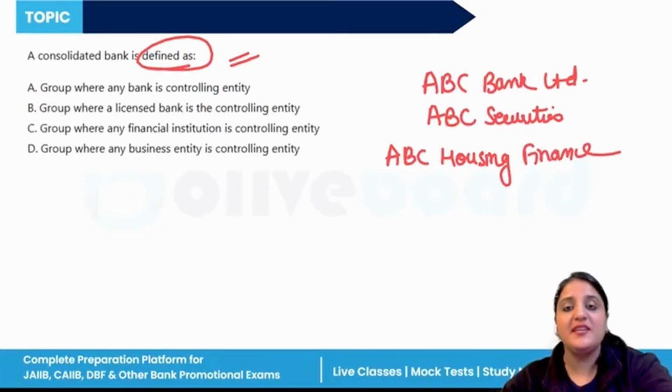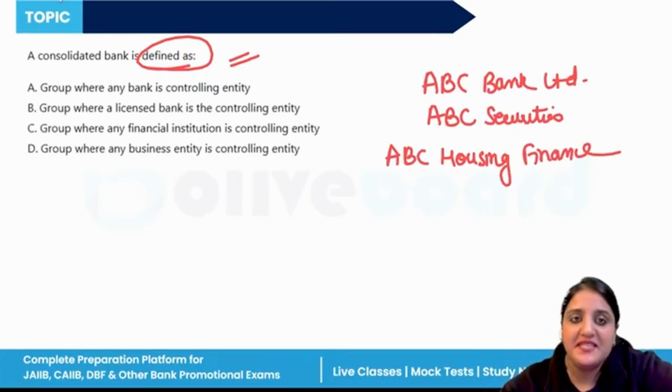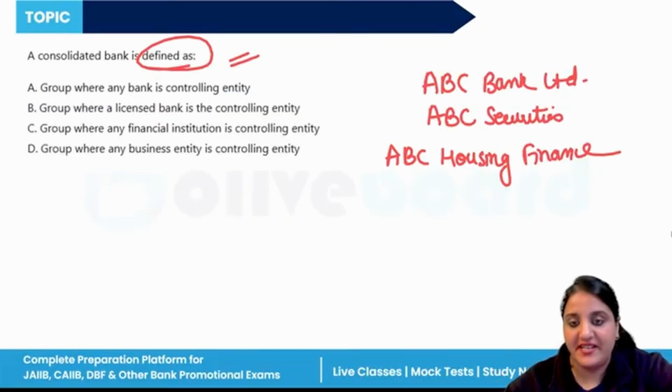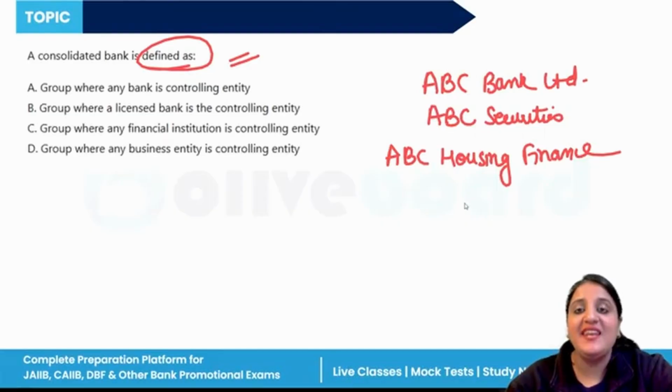Now, all these are controlled by the ABC Bank Limited. So, when RBI calculates the capital at group level, that is called consolidated level. A consolidated bank means a group of entities where a licensed bank is the controlling entity.